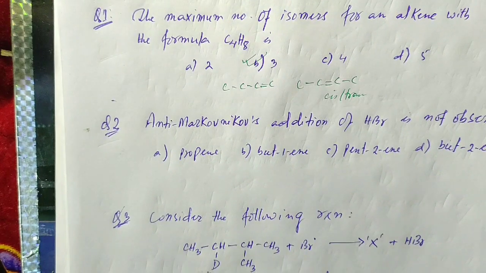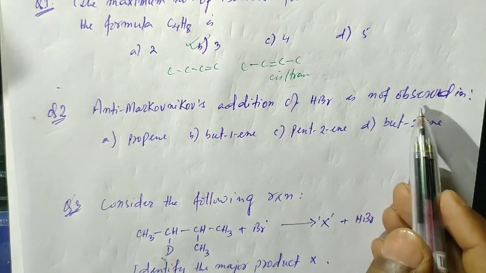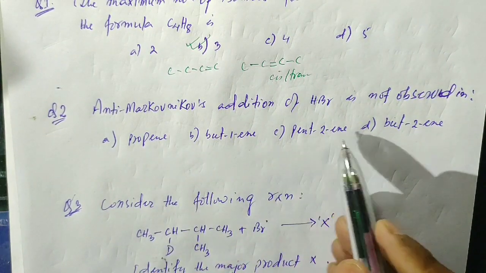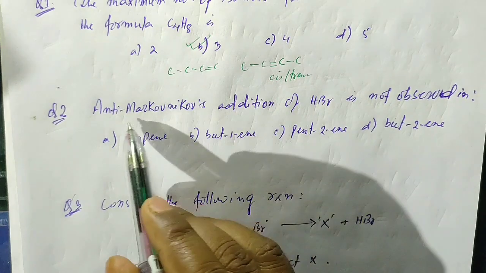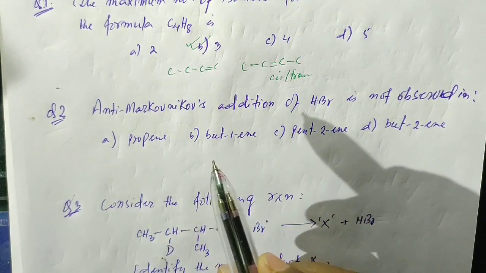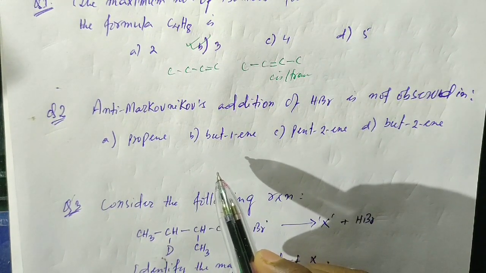Okay, second question. Anti-Markovnikov's addition of HBr is not observed in propene, but-1-yne, pent-2-yne, and but-2-yne. So Markovnikov's or anti-Markovnikov's rule is applicable in those alkenes which are not symmetrical in nature.